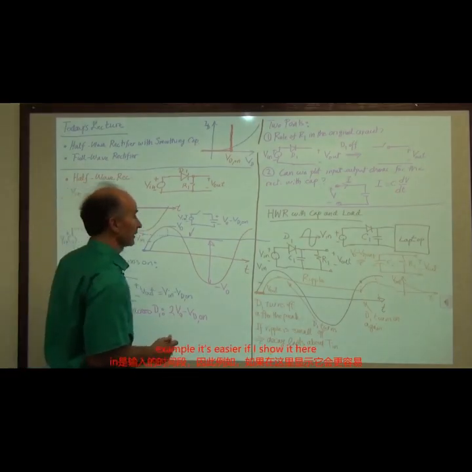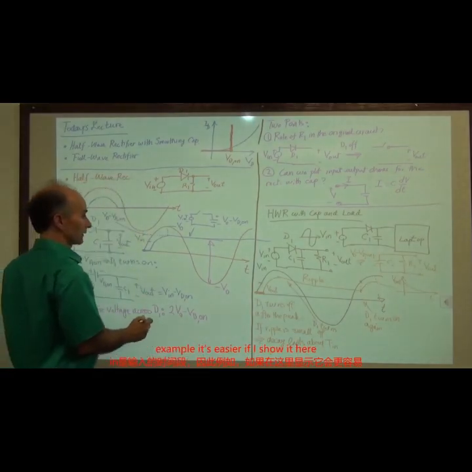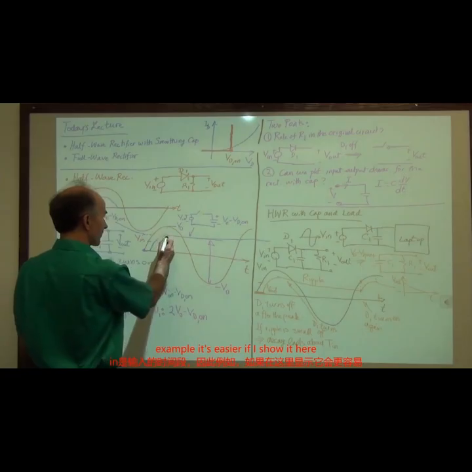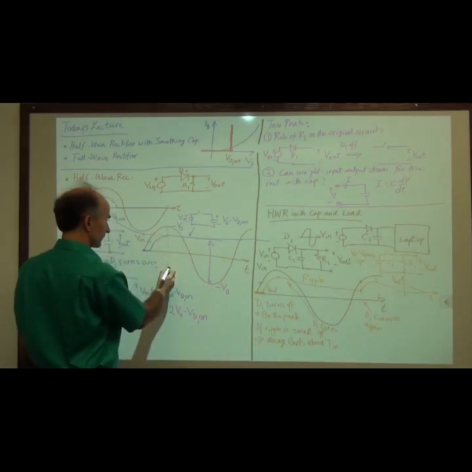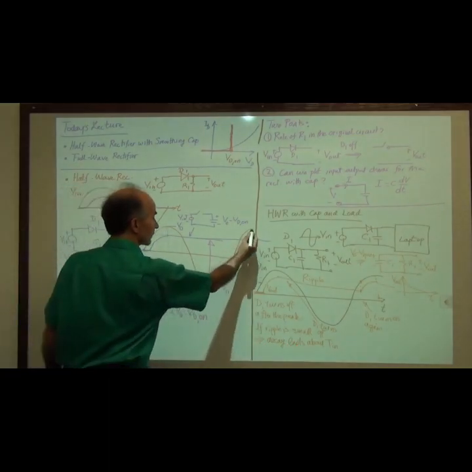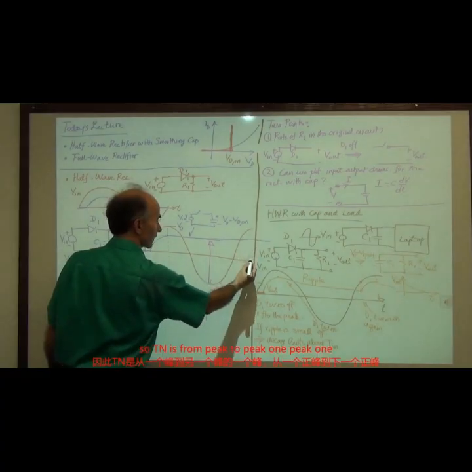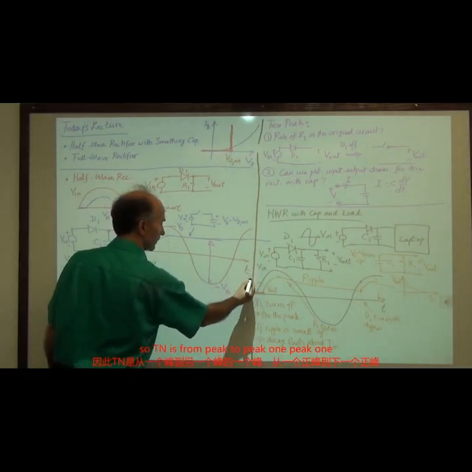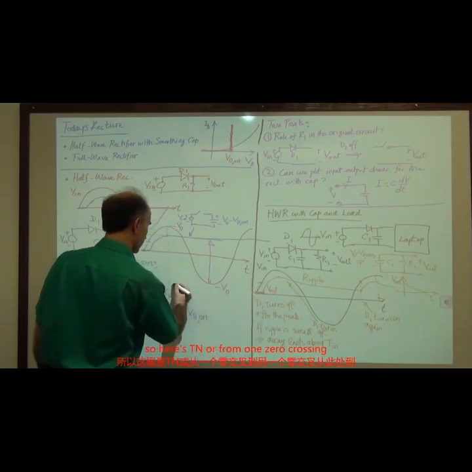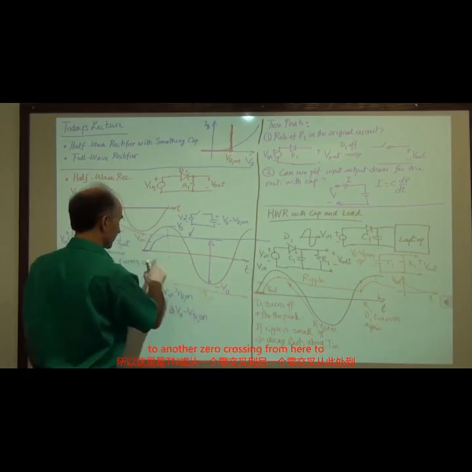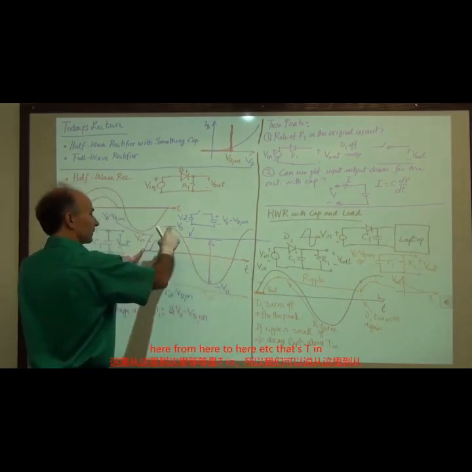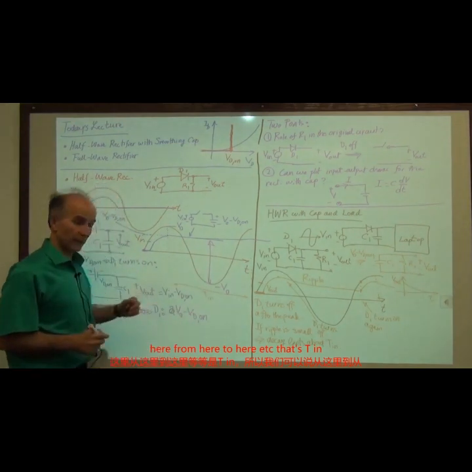So for example, it's easier if I show it here. T in is from peak to peak, one positive peak to the next positive peak. So here's T in, or from one zero crossing to another zero crossing, from here to here, or from here to here, etc. That's T in.